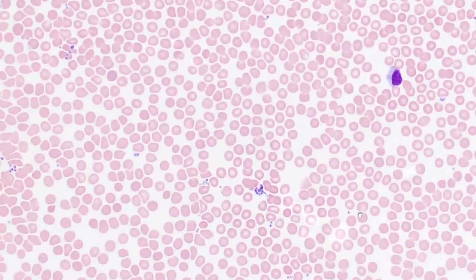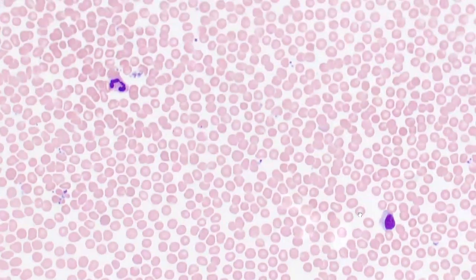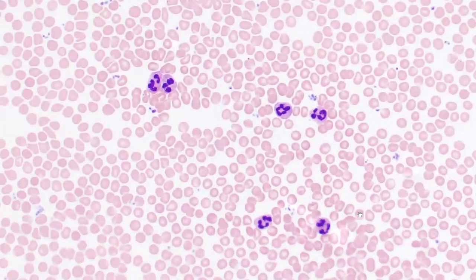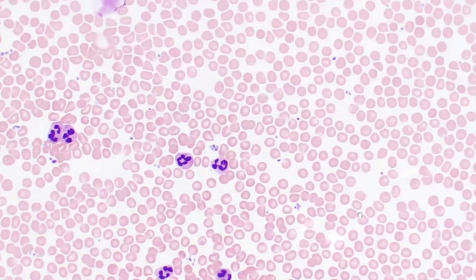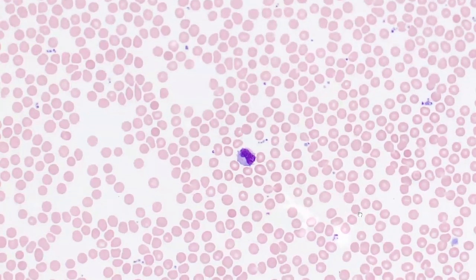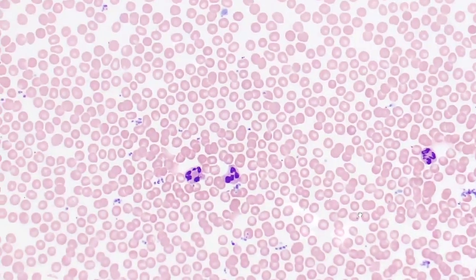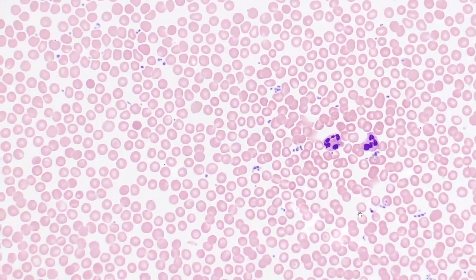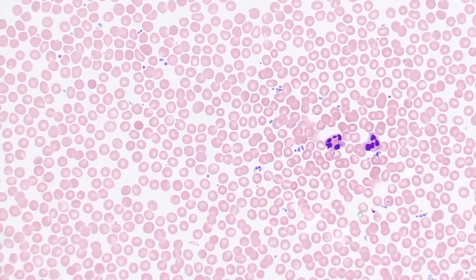After you've scanned around and evaluated the morphology of the white cells at a glance, and you've determined that there are no truly abnormal cells on the original scan, after you do your differential count, you'll want to evaluate the red cell morphology. Red cell morphology is best evaluated at 100x under oil.